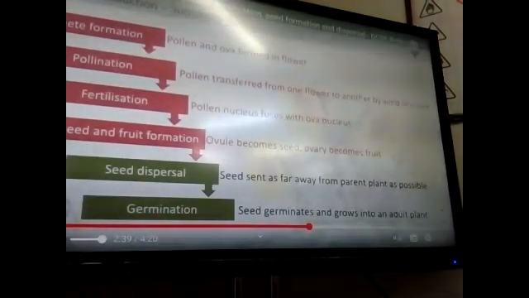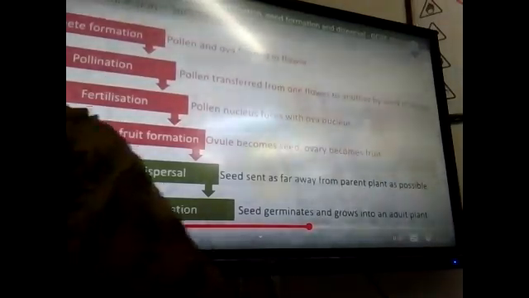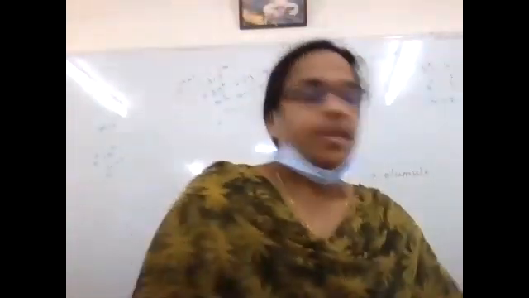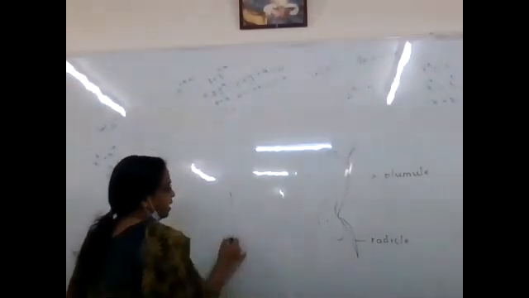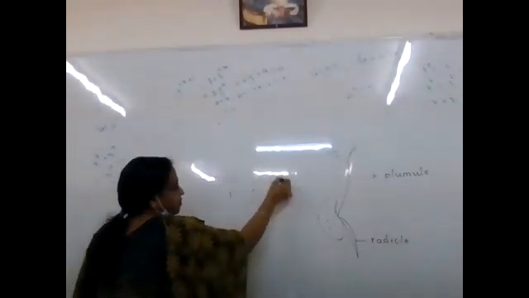Why should the seeds be dispersed far away from the parent plant? Can you reason it out? To get more water. Yes, to get the water and the other nutrients. Suppose it is near the parent plant. Can you see here? There is the big tree.